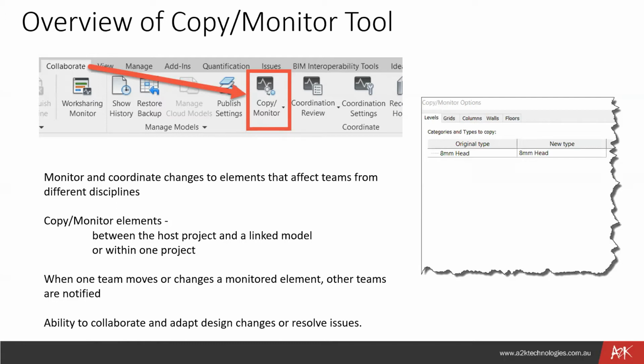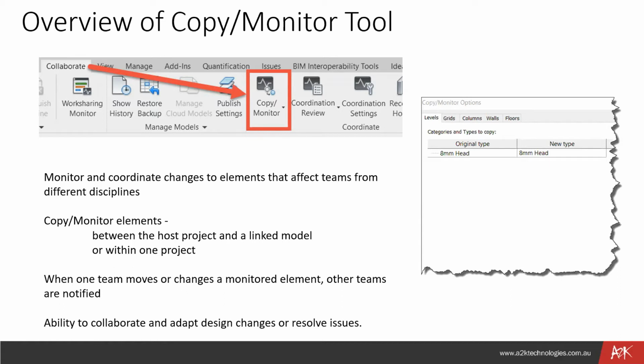The copy monitor elements allow you to copy between your host project and a linked model, or within the one project. What we're going to focus on in today's webinar is generally that workflow of a host and a linked model. In this case, I'm going to be talking mainly about an MEP project that is referencing a linked architectural model, and talk a little bit about that workflow.